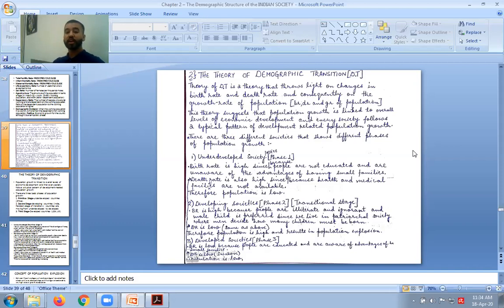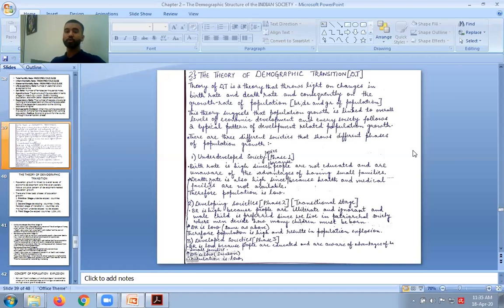Because if any society is financially stable, if any society has a good socio-economic level, then that society is always going to provide good health and medical facilities to its citizens, right? So people are going to get good medical facilities, and in that way there will be less chance of them dying, right?